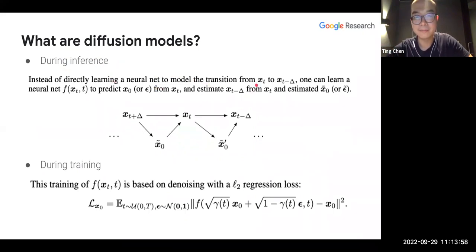What the diffusion model initially wants to do is make a bunch of transitions from xt to xt minus some small delta, taking a small step every time, and then eventually when t equals 0, you go to the data samples. The beauty of the recent progress has been that instead of directly modeling this process from xt plus some delta to xt, every time you estimate either the noise or the data itself.